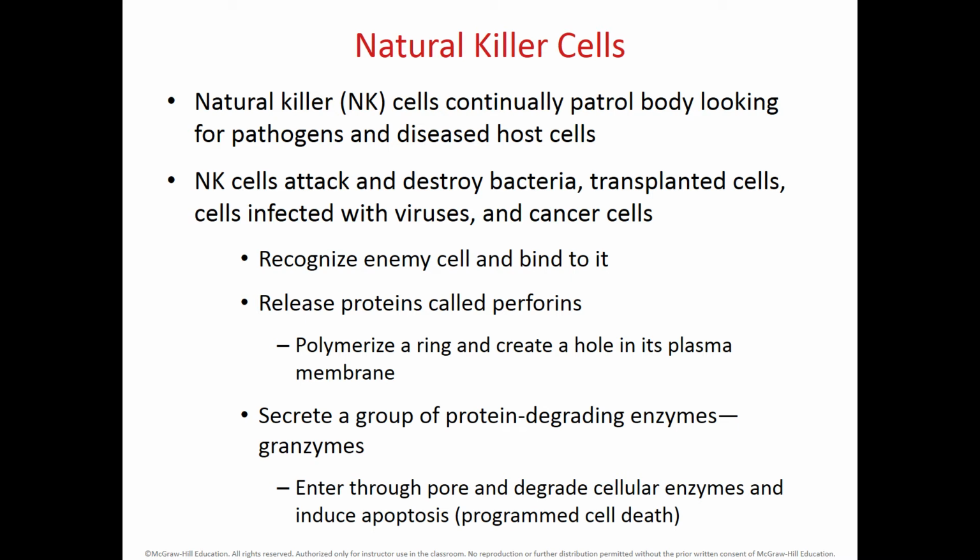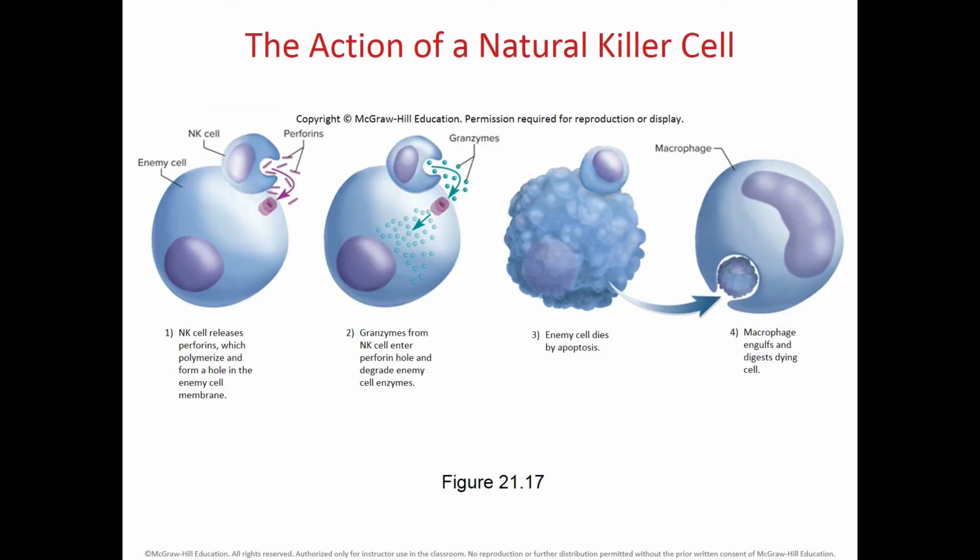These perforins create a hole in the plasma membrane, and then this cell will die. Another thing it can do is activate the cell to undergo apoptosis, or programmed cell death. So this is how NK cells work.